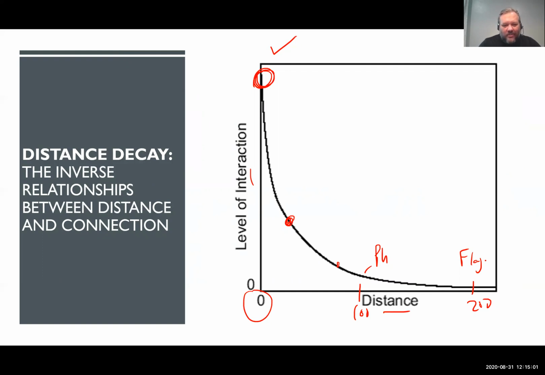So this idea of distance decay, make sure you get the definition here: inverse relationship between distance and connection. If we were sitting in class, the distance is basically 0, and we would have a very high level of interaction. What we're doing right now, there is distance between us, and we're still having interactions through our Zoom meetings, but it is definitely less.